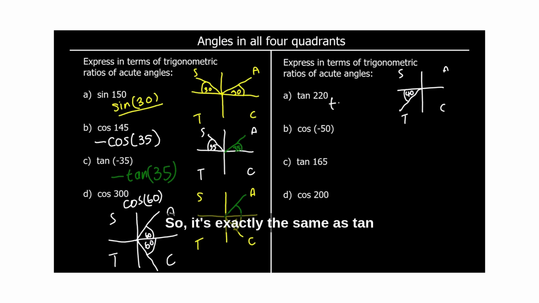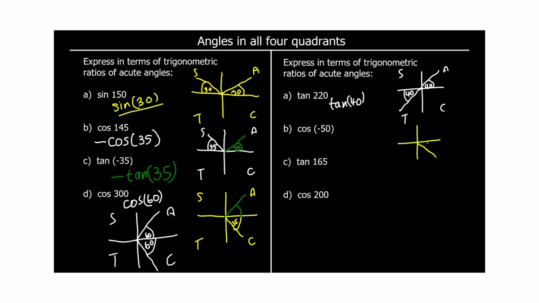So it is exactly the same as tan 40 degrees. It's exactly the same because they're both positive. Cos negative 50. Cos is positive for negative 50. So it's exactly the same as cos 50 degrees.